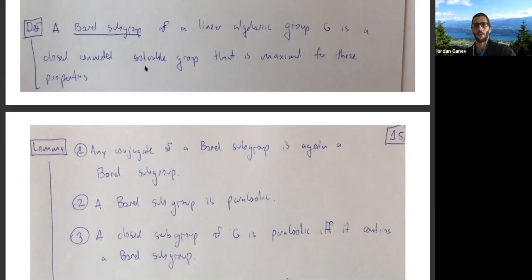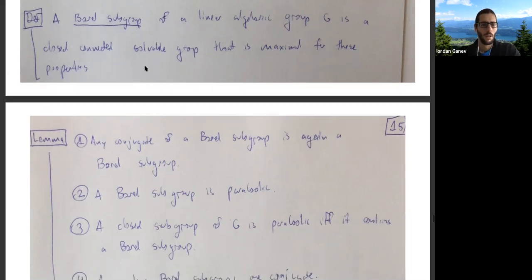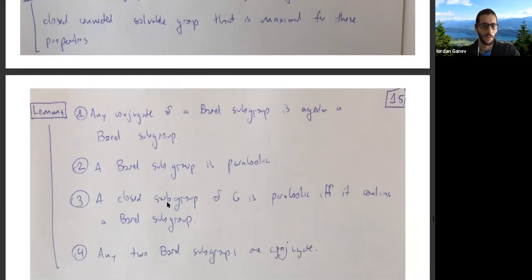It doesn't need to be a linear algebraic group, and we can ask for a maximal closed connected solvable subgroup of a compact Lie group, and then any group that contains a Borel subgroup will be parabolic. Okay, so that's part 3. Part 4 is that any two Borel subgroups are conjugate. So Borel subgroups are not unique, but they're unique up to conjugation.